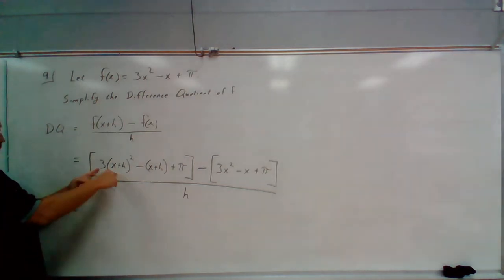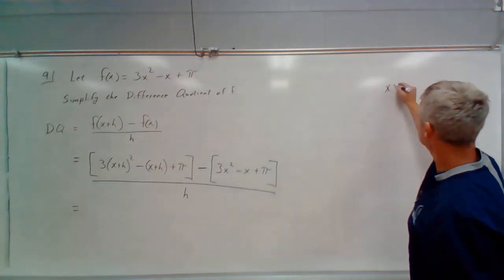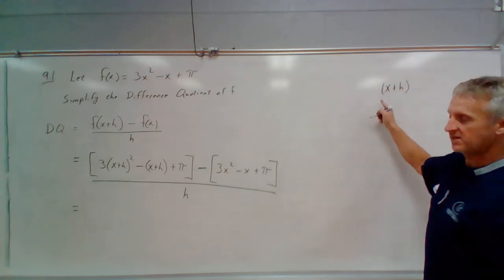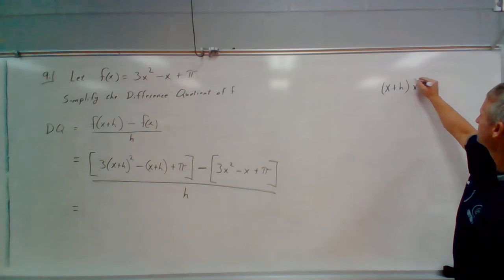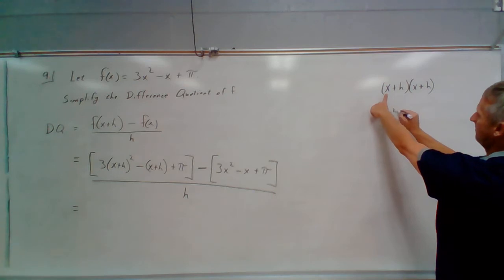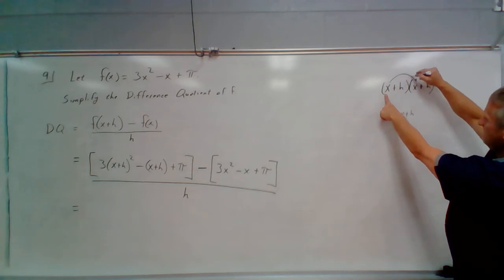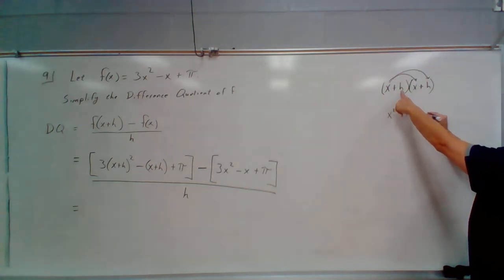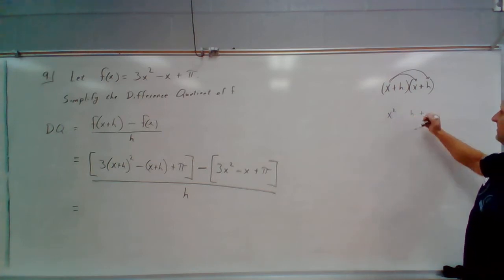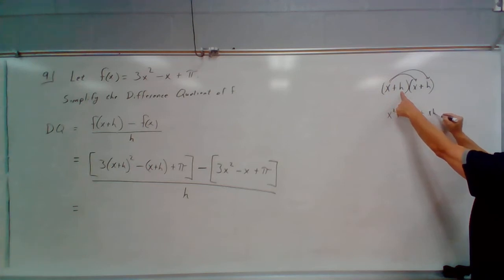All right, so here, order of operations, I have to do exponents first, so I have to square x plus h. Okay, so I'm going to do this real slowly, make sure we all understand. If I square x plus h, that's x plus h times x plus h. So I get x squared plus xh plus another xh here, and then plus h squared.